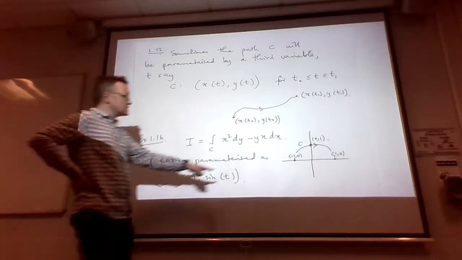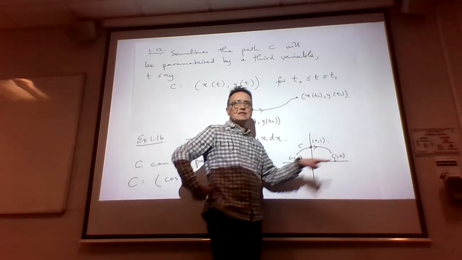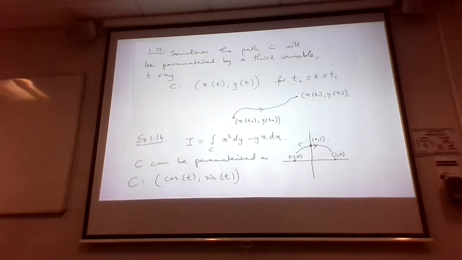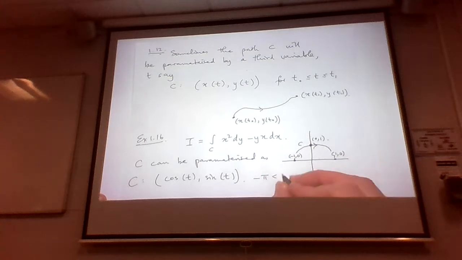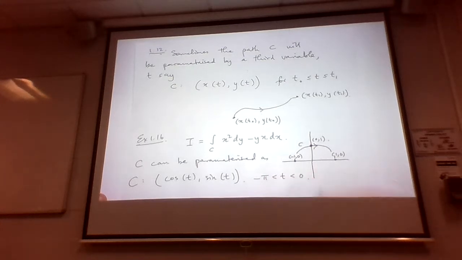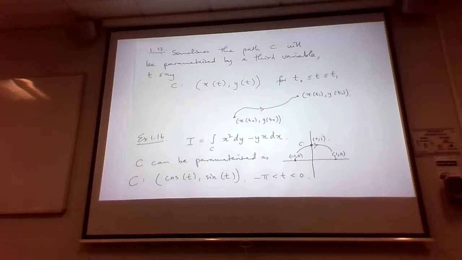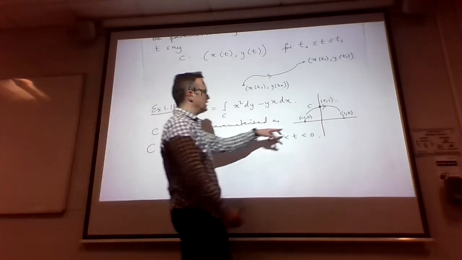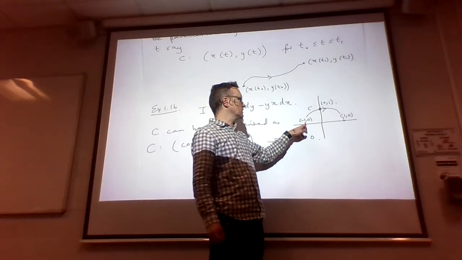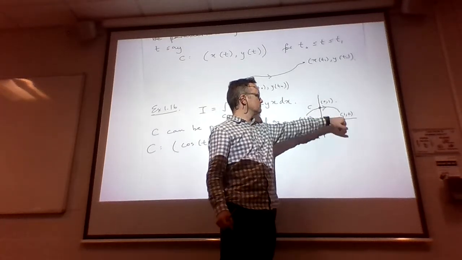But if we want to start at this point here and end at this point, then our starting value of t would be in radians minus pi, and the ending value would be 0. So t would proceed from the value of minus pi, which gives us the starting point here, and increase to 0.